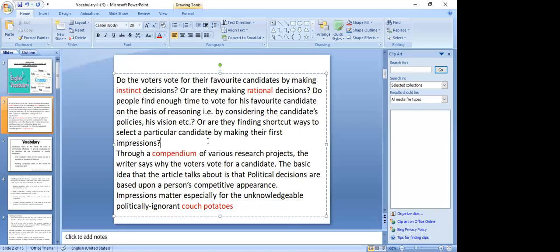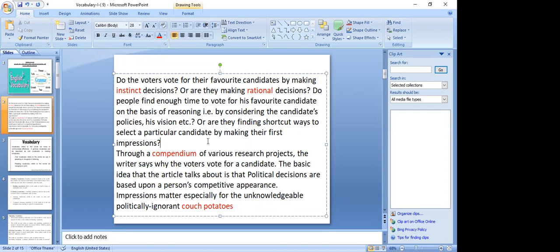Do people find enough time to vote for their favorite candidate on the basis of reasoning, that is by considering the candidate's policies, his vision, etc.? Or are they finding shortcut ways to select a particular candidate by making their first impression through a compendium of various research projects? The writer says why the voters vote for a candidate.